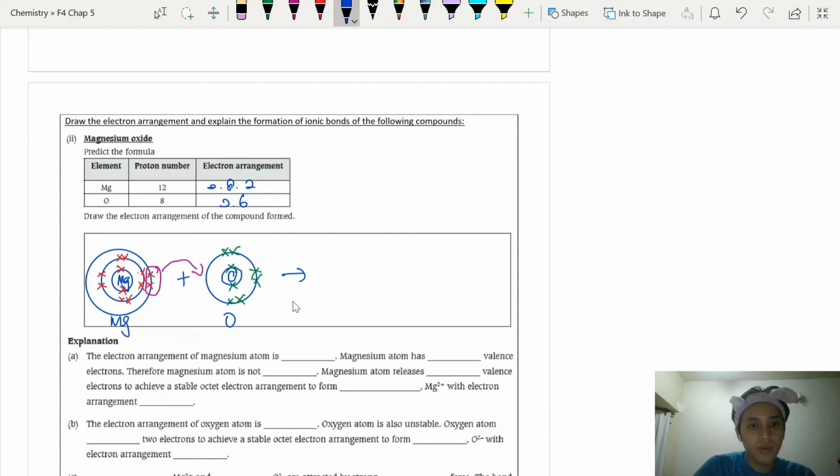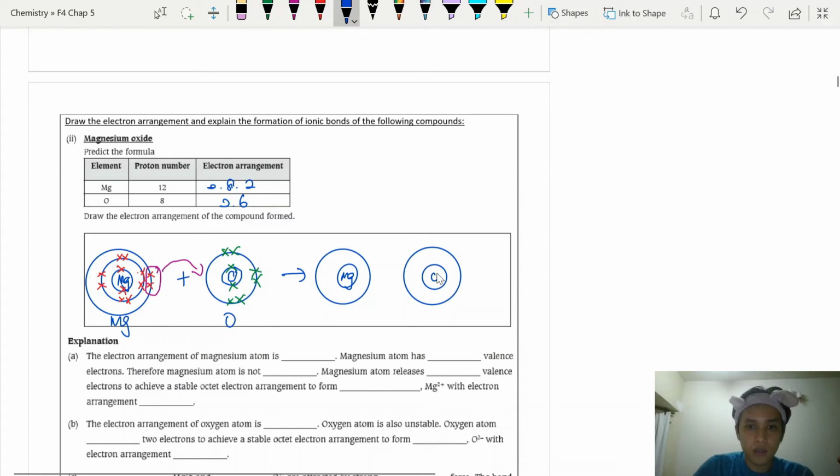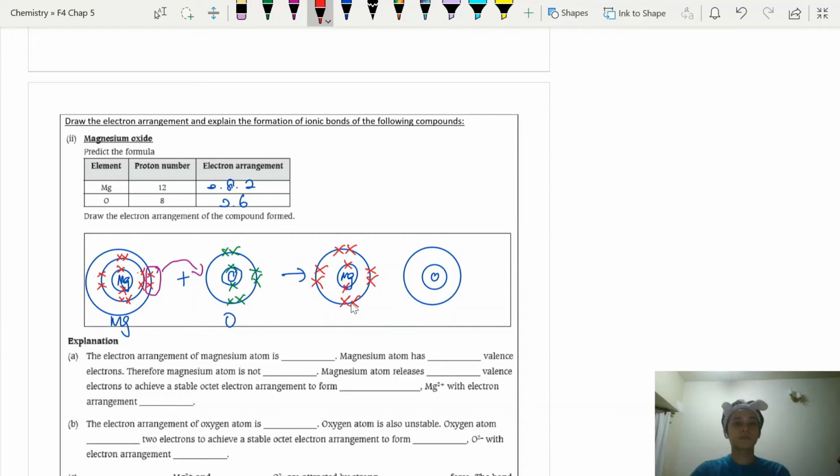Once they donate, 2 electrons are removed and the third shell is no more. For the magnesium ion, remember the bracket, and then the charge.